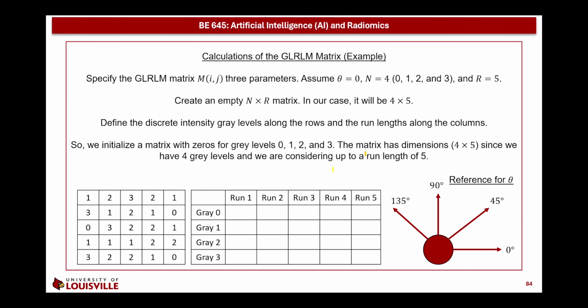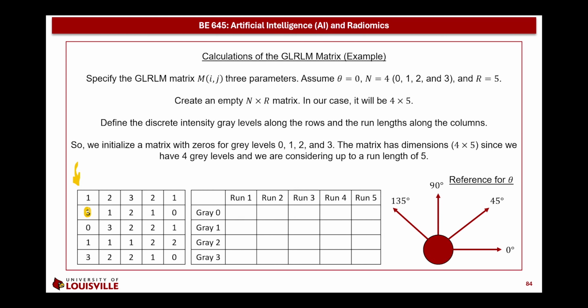So how do we calculate the GLRLM matrix? We will define the 3 parameters depending on the problem and the image in hand. So this is our image. In that image we can determine the value of N and the value of R. N will be the count of the unique values, or we can get the maximum number in that image and add 1, similar to what we did with the GLCM matrix.